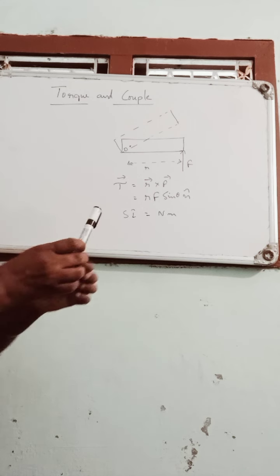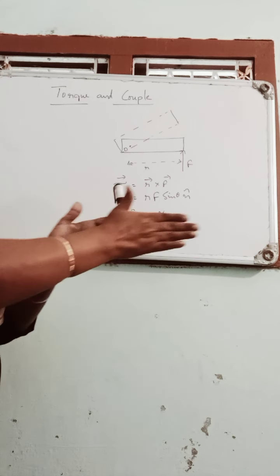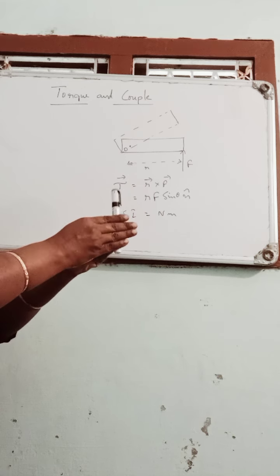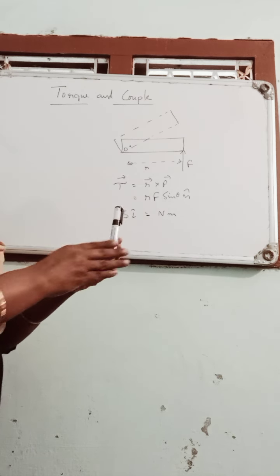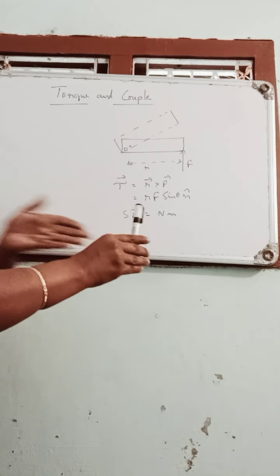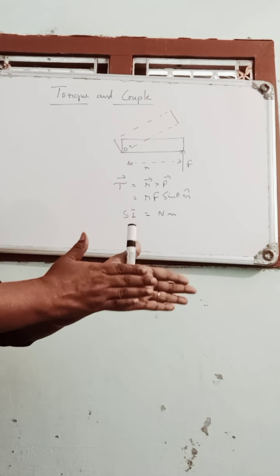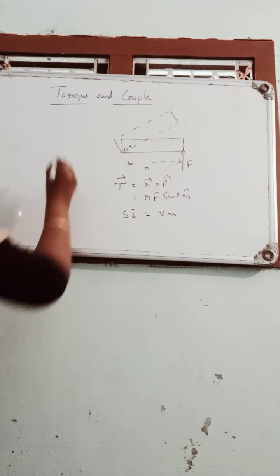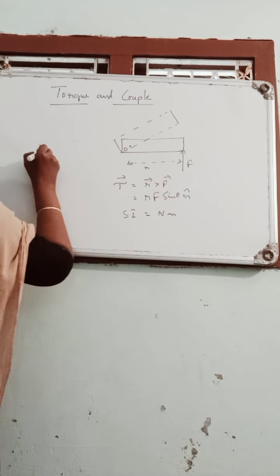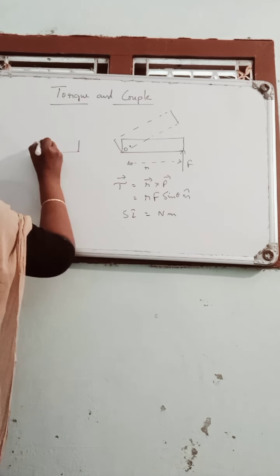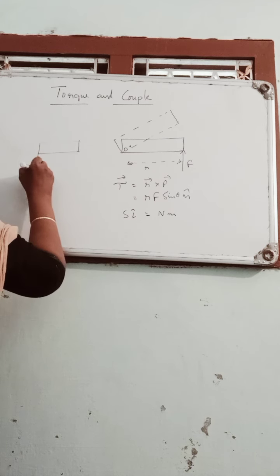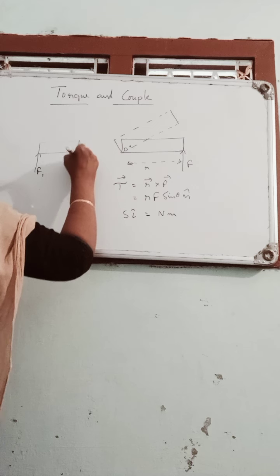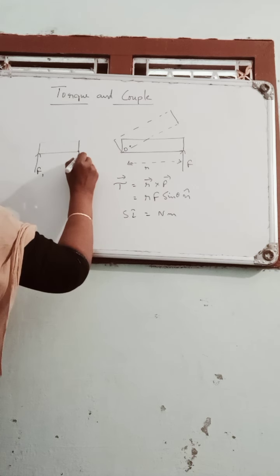Now, what is couple? If you want to rotate this object, I have to apply force. With one hand I am applying force in the forward direction and with the other hand in the backward direction. Then only this object rotates. That means, take a rigid body, apply one force F1 in the upward direction and the other force F2 in the downward direction.